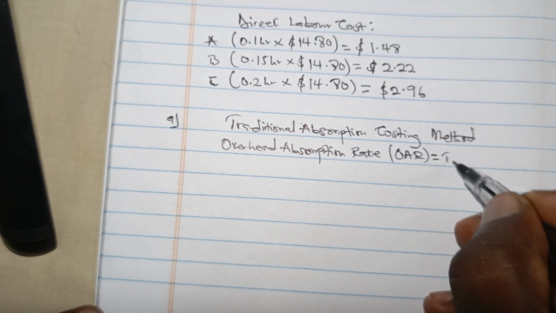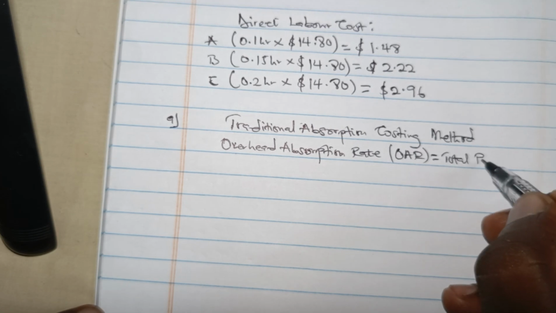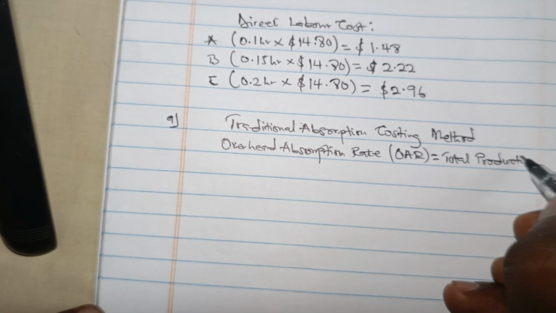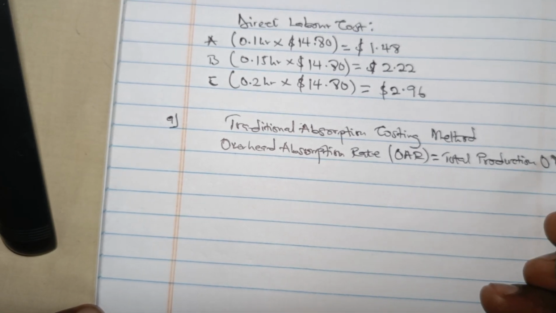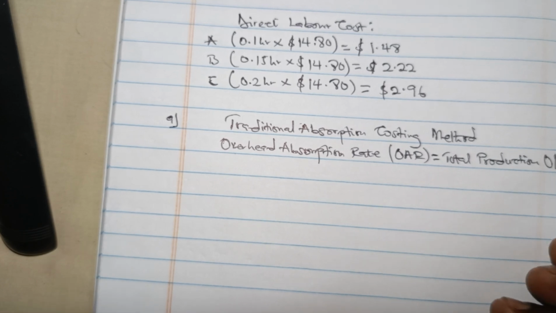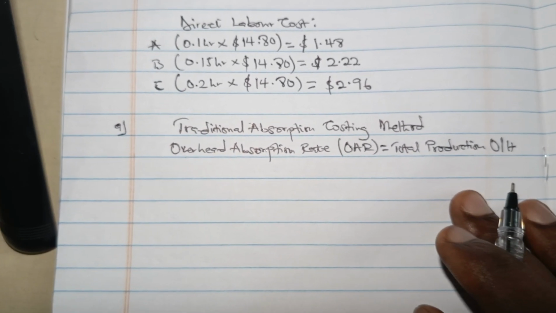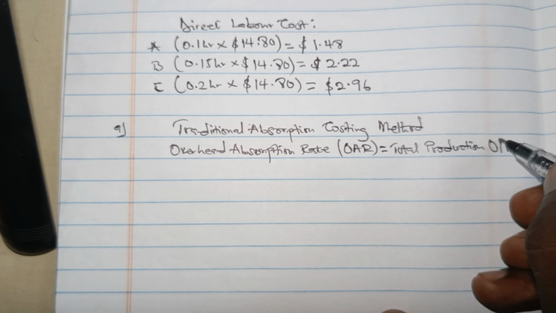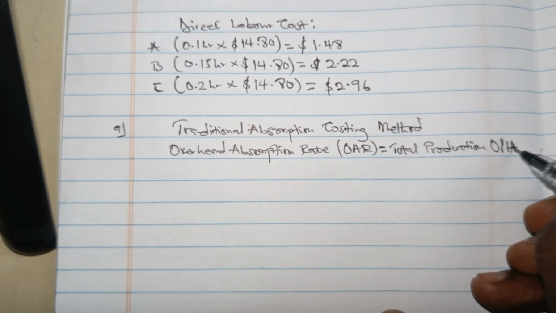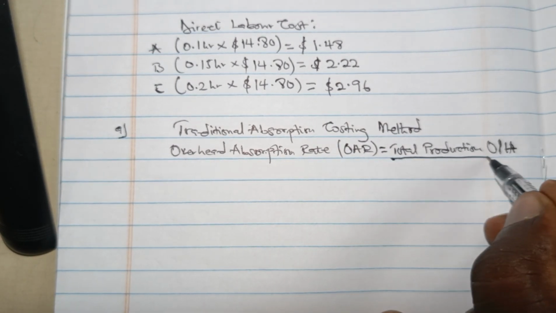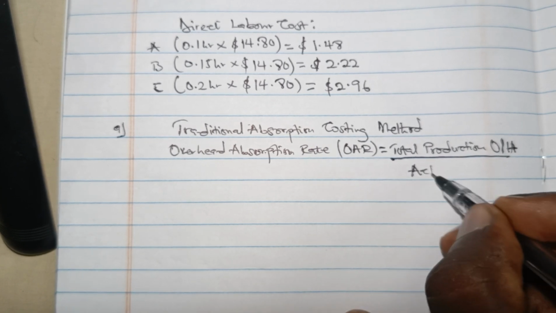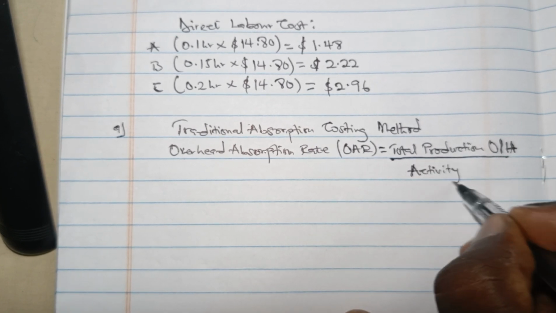It equals your total production overhead all over your activity level.